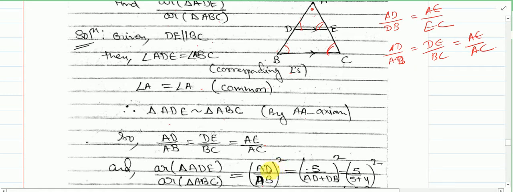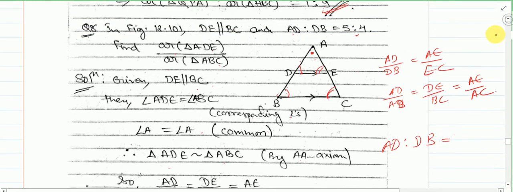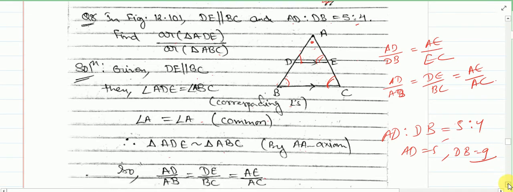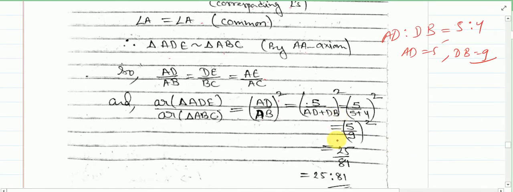AD is to DB is given to you, I think 5:4. So you can take AD to be 5 and DB to be 9, 5 plus 4. And then you will get 25 upon 81, that is 25:81. So question number 8 is also done.